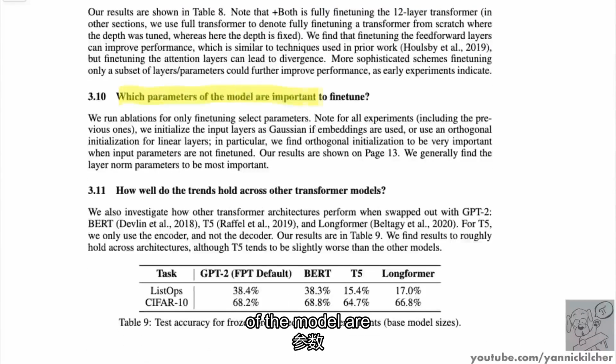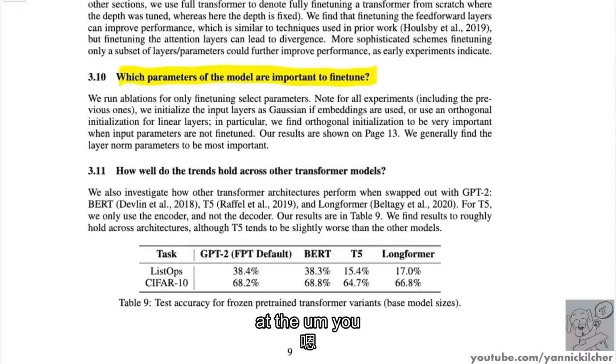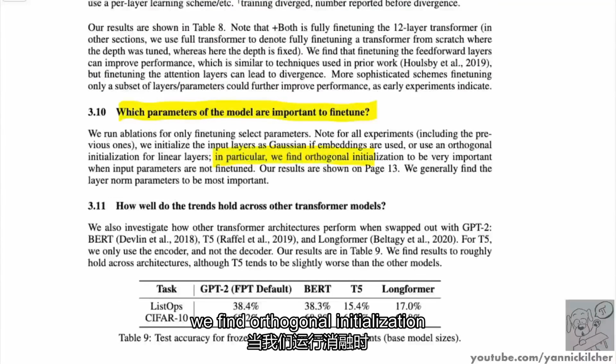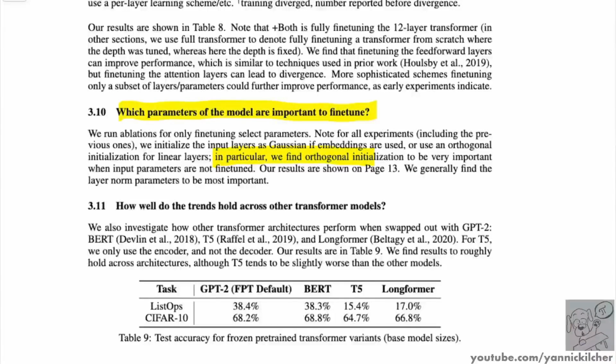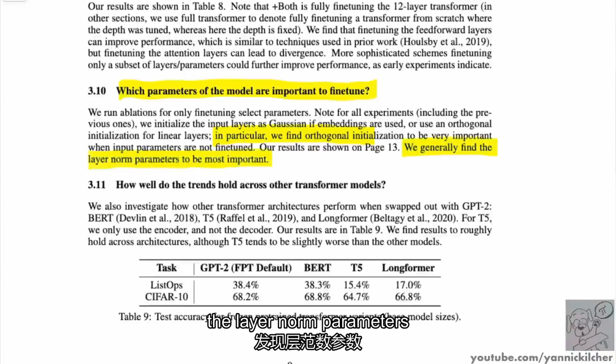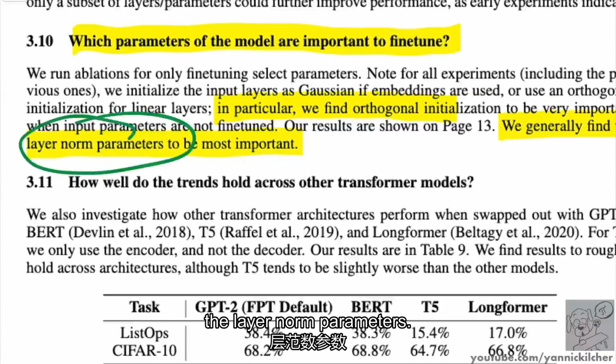Which parameters of the model are important to fine-tune? You can go look at the table. It's in the appendix, but they say they run ablations. We generally find the layer norm parameters to be most important. The layer norm parameters, right?